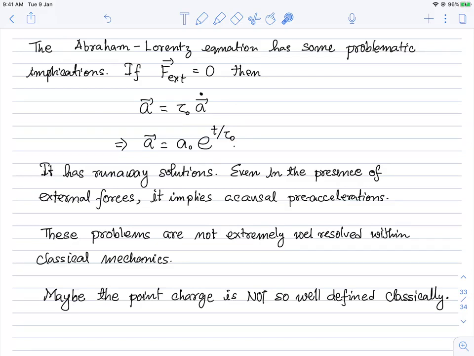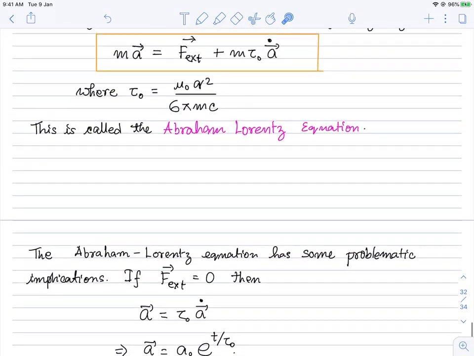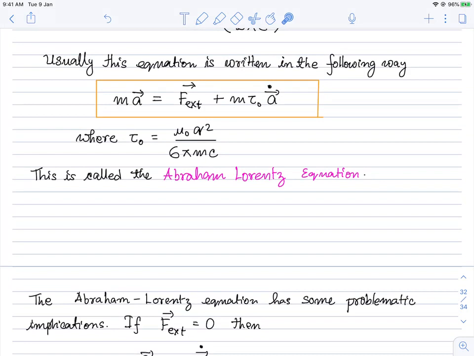That may actually not be a very good thing to do, because we now know those kinds of objects would be well described in the realm of quantum field theory, or quantum mechanics more generally. We have to bring in quantum considerations, and perhaps the fact that if it is literally a point charge and we are associating some finite mass to it, maybe that is the problem.